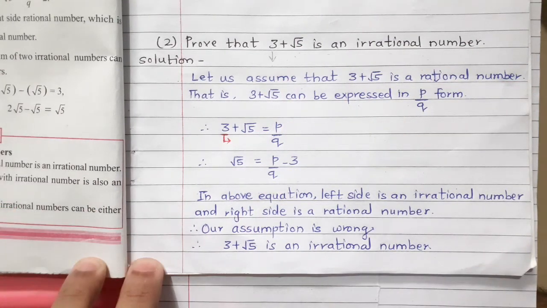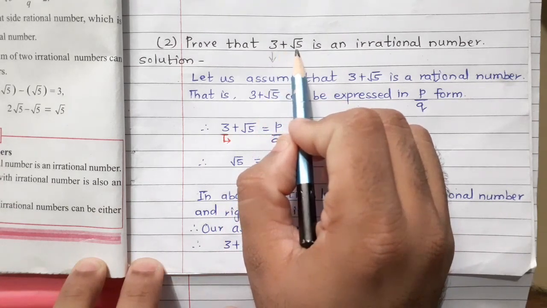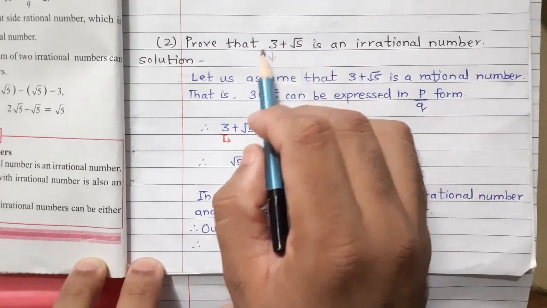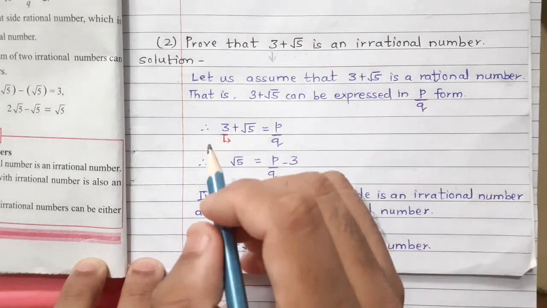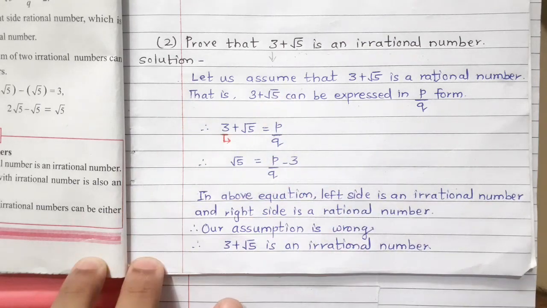In properties of irrational numbers, we studied that addition or subtraction of a rational number with an irrational number is an irrational number, but here we will give the proof by indirect proof.